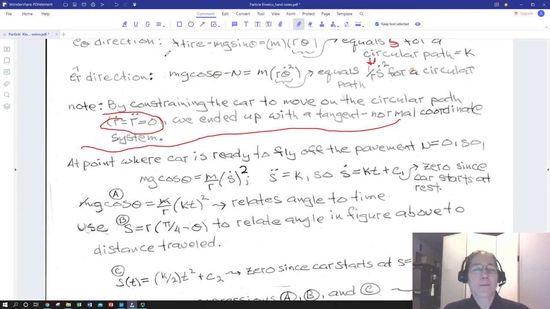So if we look up in our r direction at our Newton's second law expression, n goes away.